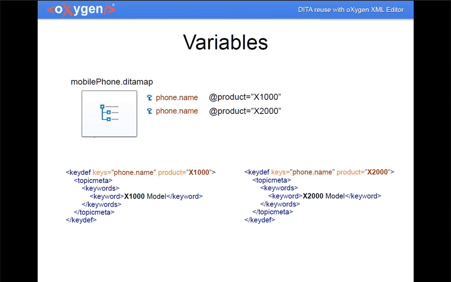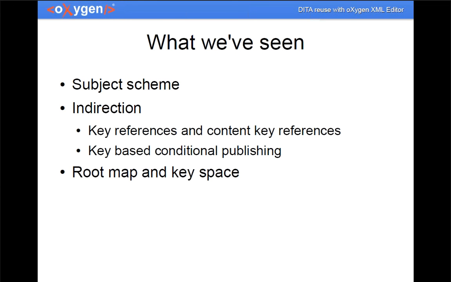And with that, just a short reminder of the things we saw in the last part of this webinar. We've seen how to control the values for the profiling attributes by using a subject scheme and what other benefits the subject scheme brings.